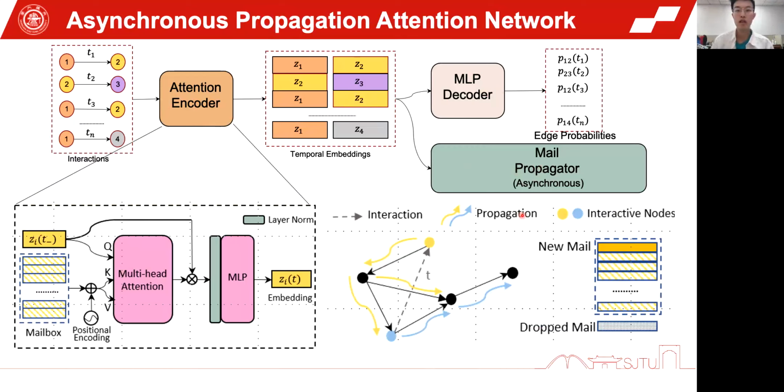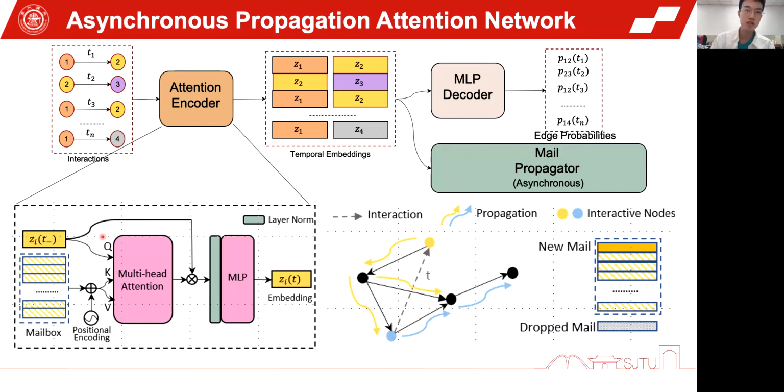In the asynchronous link, once the interaction is completed, the detailed information of this interaction will be delivered as a mail to the mailbox of its k-hop neighbors through the graph.